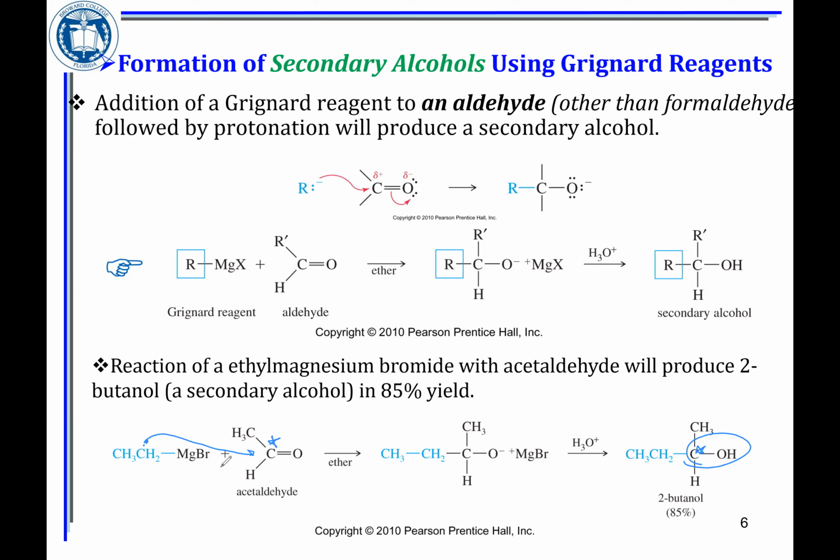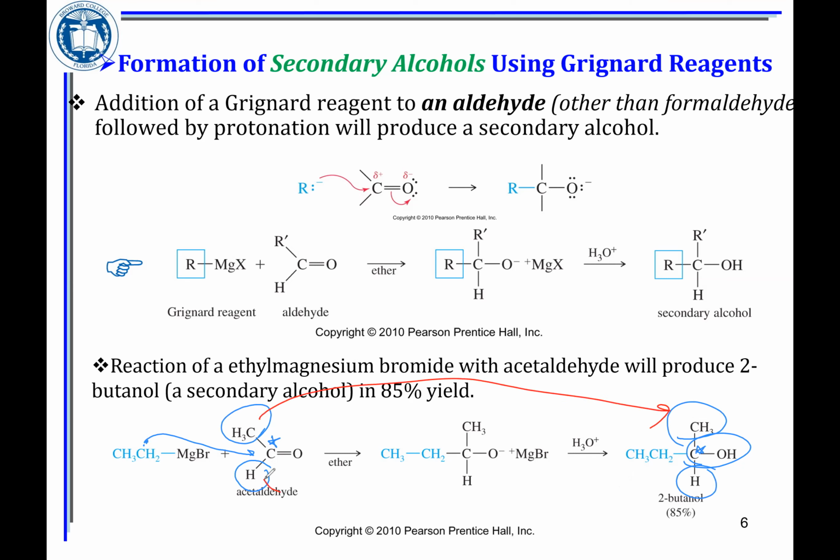Second, the third, anything that is attached to carbonyl group will stay attached as the other 2 group. They will stay intact. So your R group is going to transfer over.